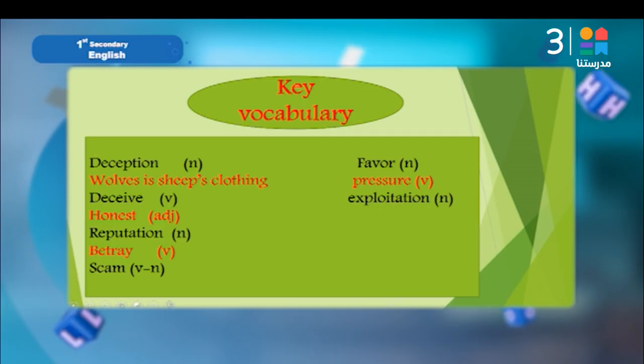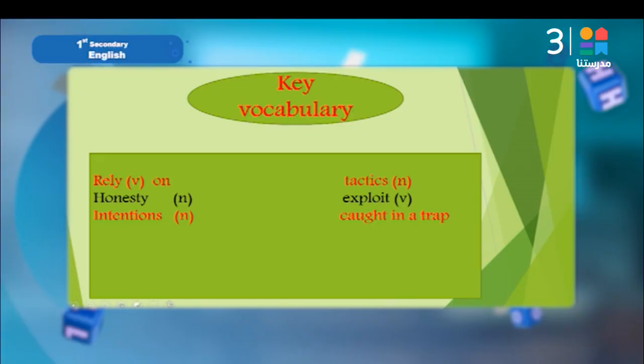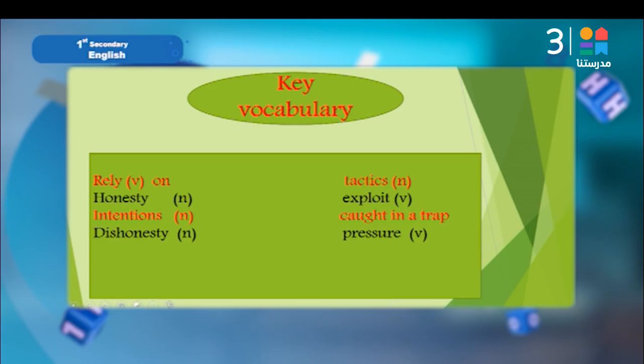I think we have discussed all this vocabulary in the previous slides, as we took excerpts from the reading passage and focused on all these main words. But this is only a wrap-up, a gentle reminder of what we have taken up till now.